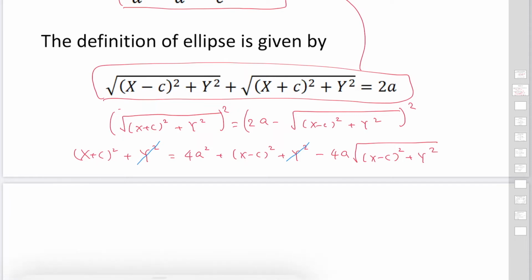Then you should keep calculating. We move these terms to the left hand side. So 4a times the square root of (x minus c) squared plus y squared equals 4a squared minus 4cx.